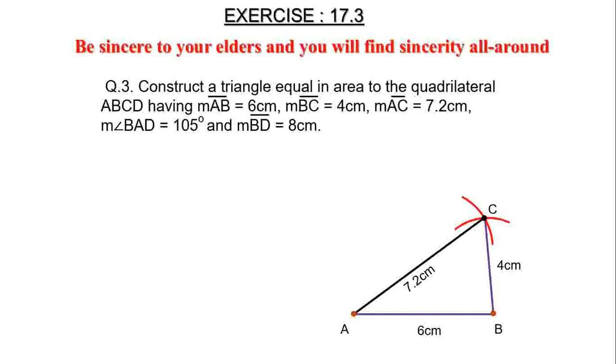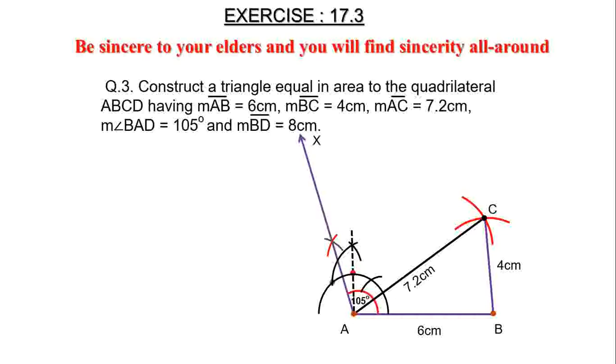So we are next to draw an angle of 105 degrees at A. First we draw a right angle and then from 90 and 120 degrees we bisect this 30 degree angle to get a total of 105 degrees.